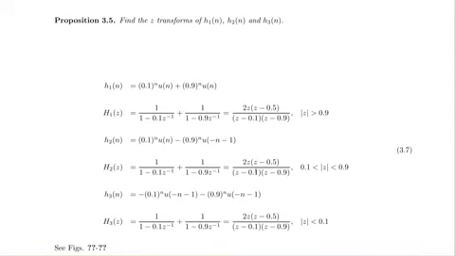The same transfer function, but the ROC should be less than 0.9 because for 0.9 it's left-hand sided, but for pole 0.1 it's right-hand sided. So abs of z will be greater than 0.1 and less than 0.9.